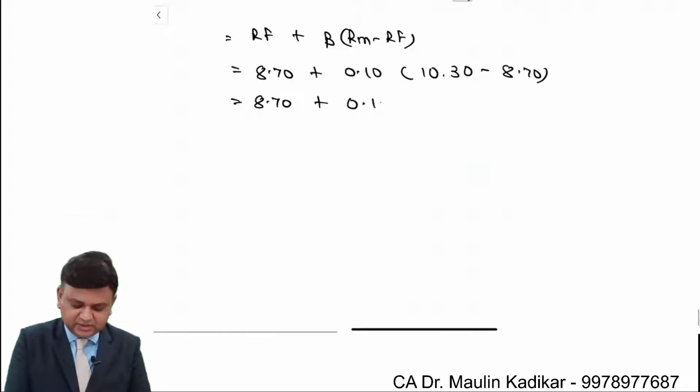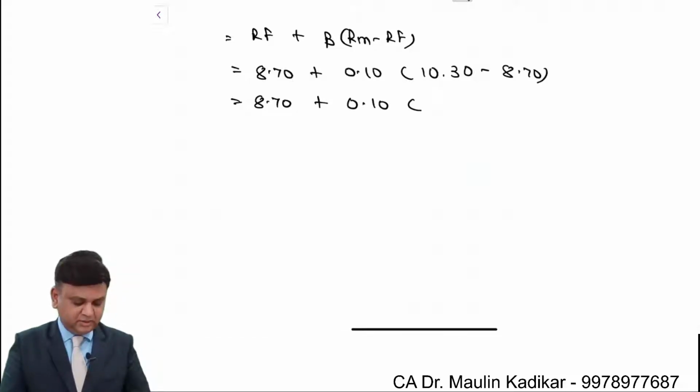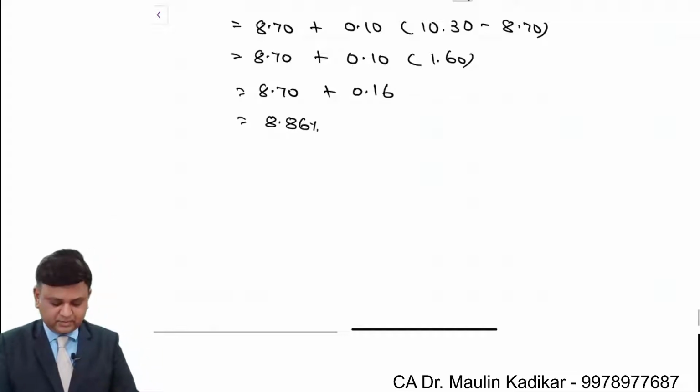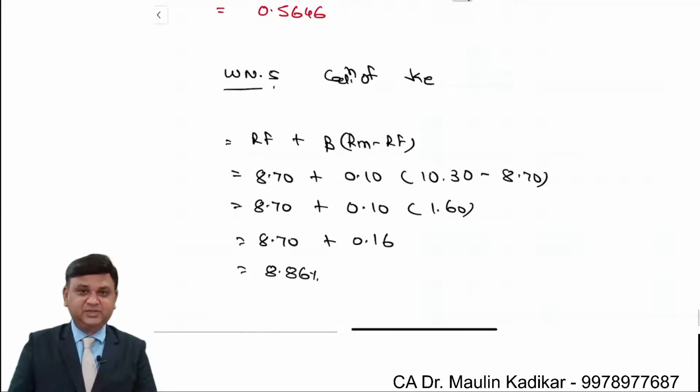So 8.7 plus 0.10 into 10.3 minus 8.7, that is 1.6. So 8.7 plus 0.16. So it is 8.86%.